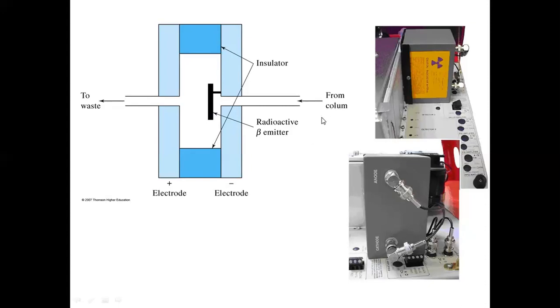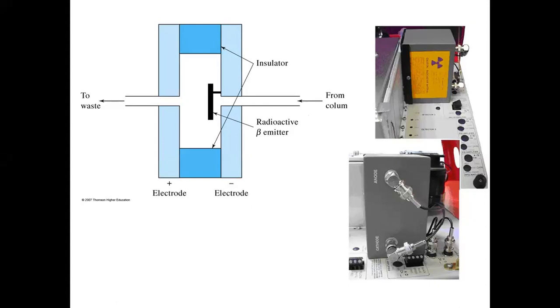So when you apply some amount of potential to this beta ray emitter, because it is connected to the negative and positive terminal of a power supply device, it is electrically charged. From the column, if only mobile phase is moving, the mobile phase is nothing but an inert gas.